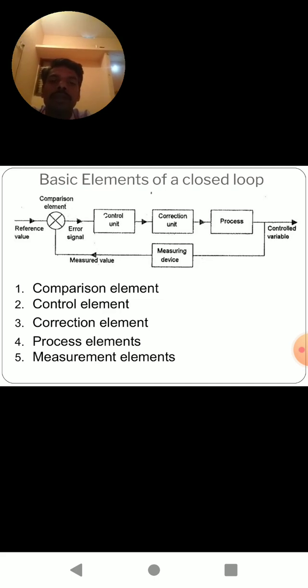Here the basic elements are the comparison element, control element, correction element, process element and the measurement element. So these are the basic five elements required to make any kind of automatic process perfect.